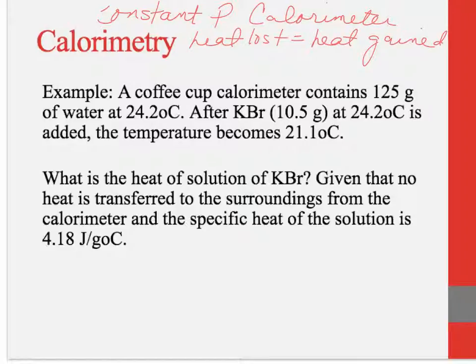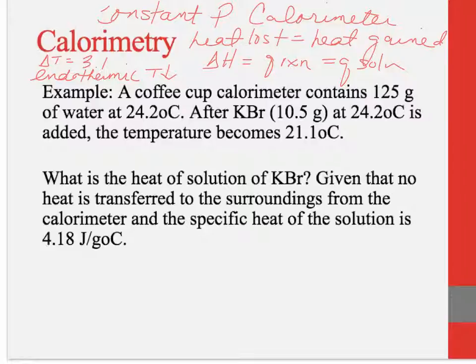We also know that delta H is equal to the Q of the reaction, which in this case is equal to the Q of the solution, because we have liquids. We also know that delta T is 3.1. We know that this is endothermic because temperature is decreasing.